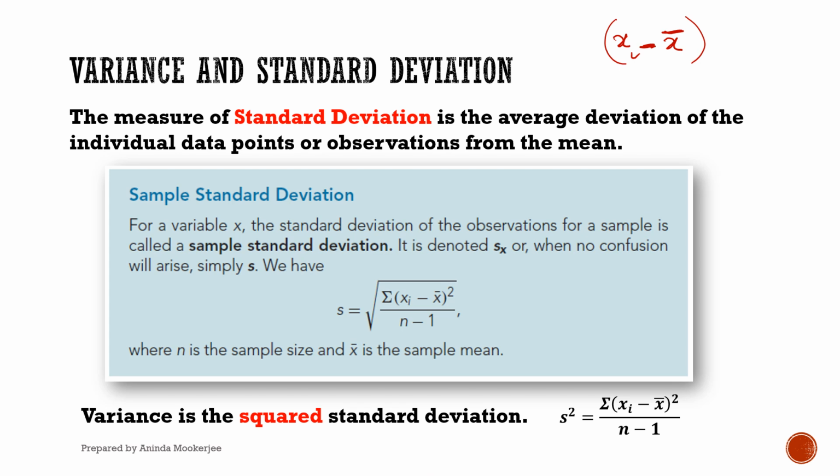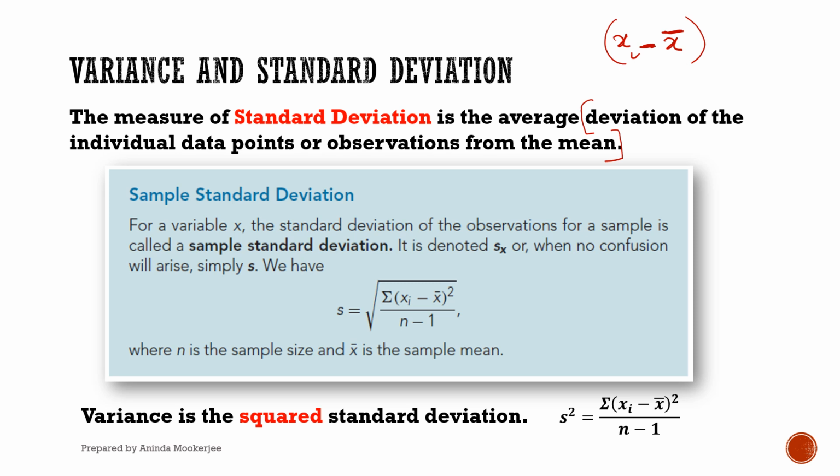So it calculates the deviation of each individual value from the mean. Remember, it says it's the deviation of the individual data points or observations from the mean. So we have just done this part here. That's what x sub i minus x bar does. It calculates individual deviations of values from the mean.